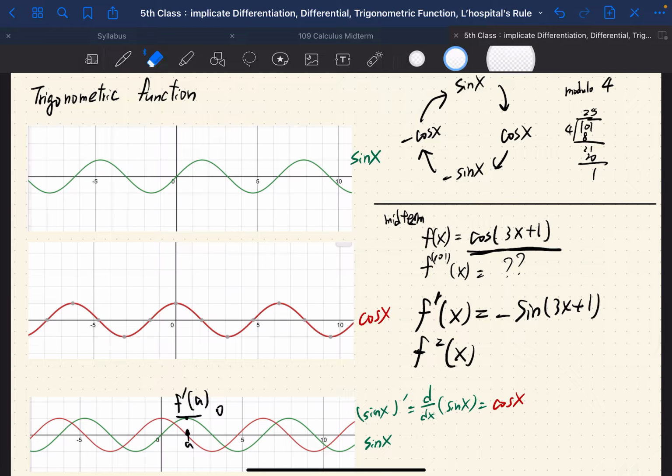But because this is a composite function, we also take the derivative of the inside. It is 3. Then we take another derivative. So it's a second time.